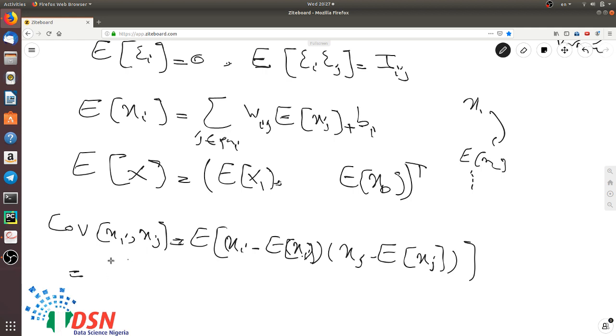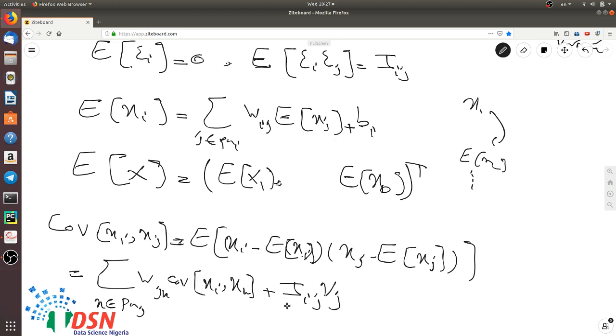So we could write it as the sum over all parents wjk covariance of xi xk, plus Iij vj. This is how you could derive the covariance of that multivariate Gaussian distribution, and you could do it in a recursive manner, like deriving the mean.